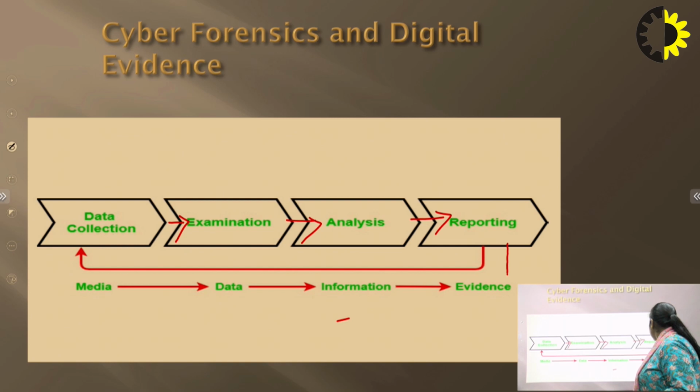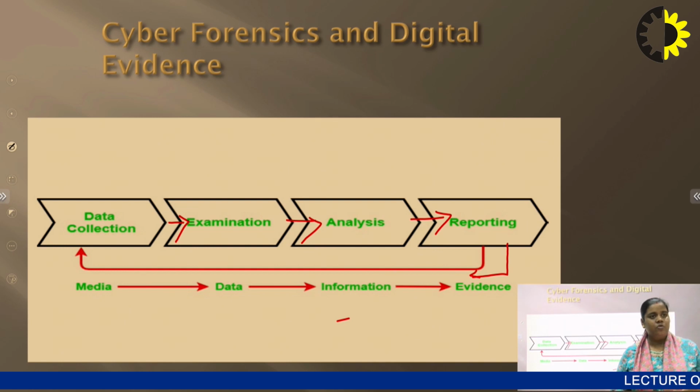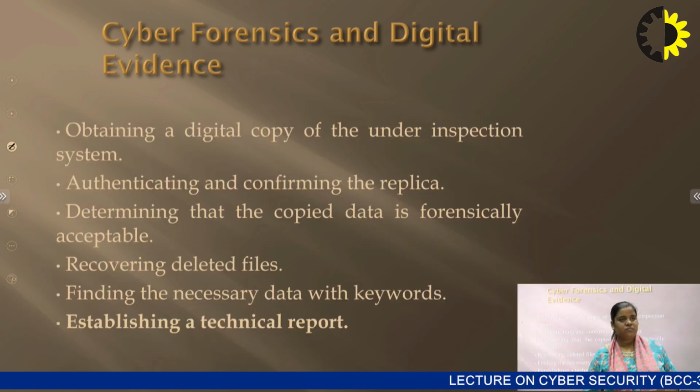After reporting, here we collect evidences, and if we find any loophole here, we have an option to roll back to the data collection process. So this is the main core fundamental approach of collecting evidences in digital forensics.